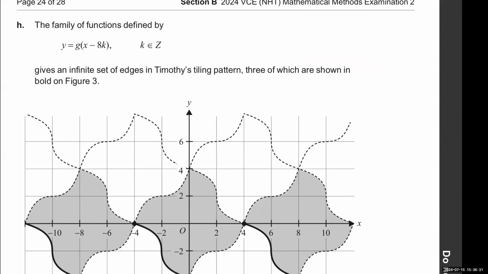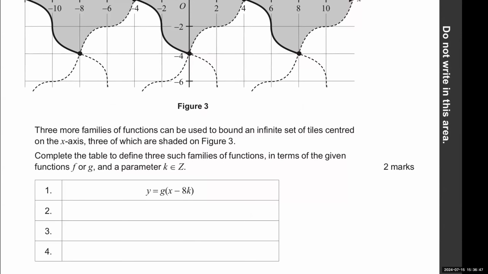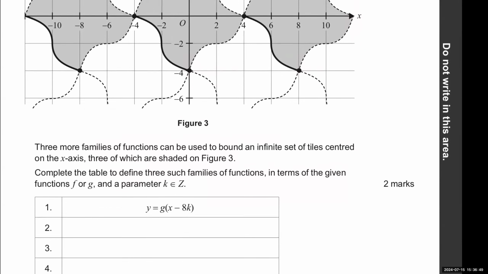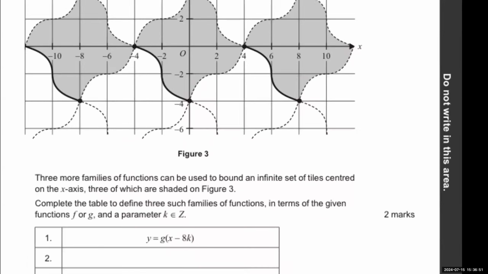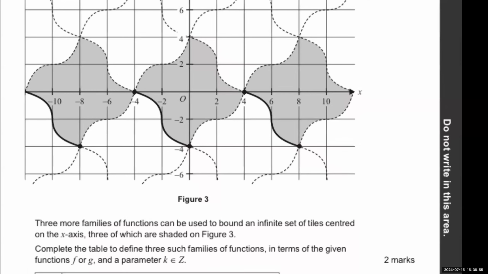H. The family of functions defined by y equals to g(x) minus 8k gives an infinite set of edges in Timothy's tiling pattern, 3 of which are shown in bold on figure 3. 3 more families of functions can be used to bound an infinite set of tiles centered on the x-axis, 3 of which are shaded on figure 3.